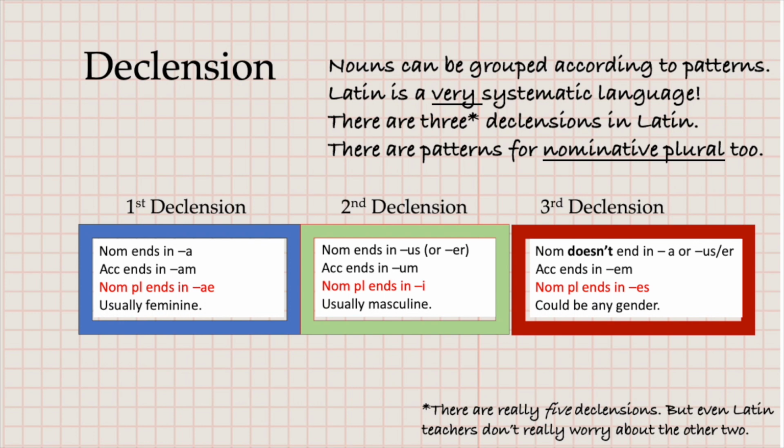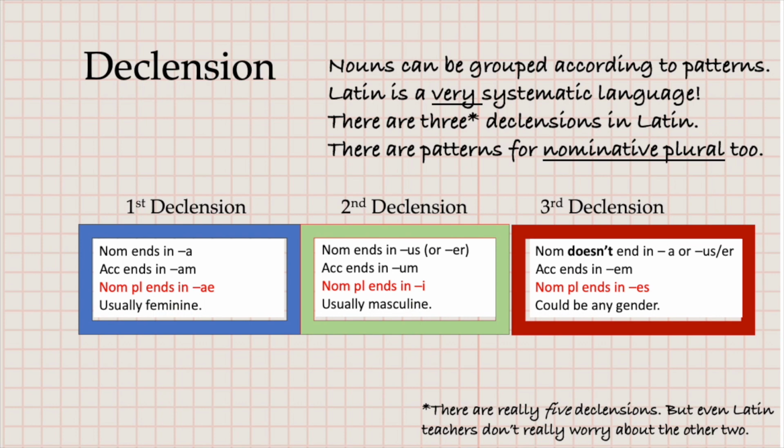Now remember, nouns can be grouped according to patterns called declensions, and Latin's a really systematic language. These are the 3 declensions in Latin that we particularly care about at this point. We've got the first declension that ends in a. We've seen in accusative it ends in am, but in the nominative plural it ends in ae.